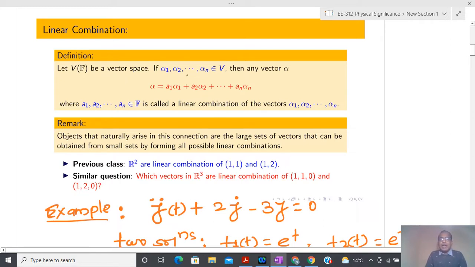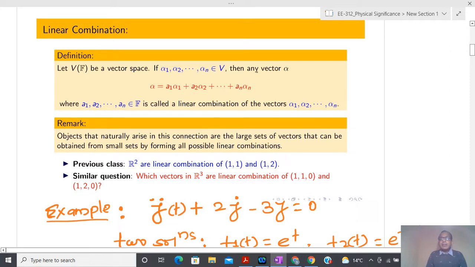Now assume that alpha 1, alpha 2, up to alpha n are elements of the vector space. Whenever you define a vector space, I have infinitely many elements inside it. Now suppose I select some vector alpha, and I write it like this.